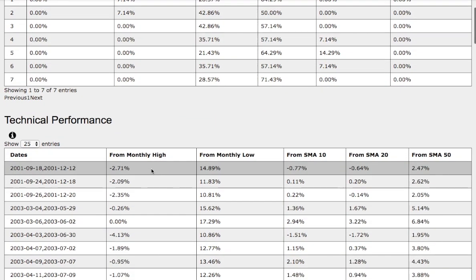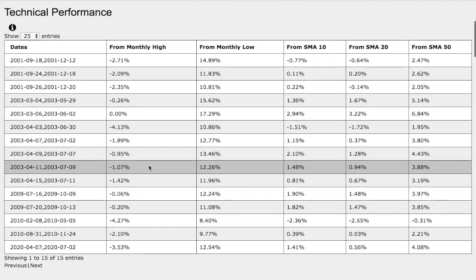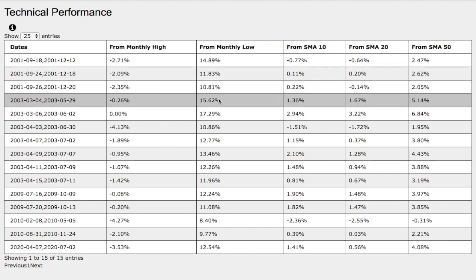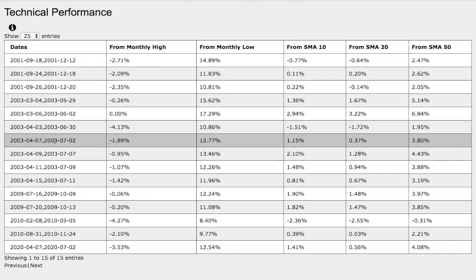And let's examine closer the technical performance. On the current trend that we're in, we're only down 3.5% from monthly high, up 12.5% from monthly low, up 1% from the 10 simple moving average, up 56 basis points from the 20-day simple moving average, and up 4% from the 50-day simple moving average. Now let's compare that to the trend that we just found.